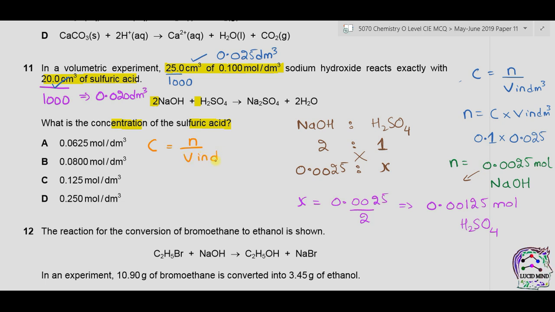Number of moles is 0.00125, while volume in dm³ is 0.020. So the concentration in mol/dm³ comes equal to 0.0625 mol/dm³. The answer is therefore A.